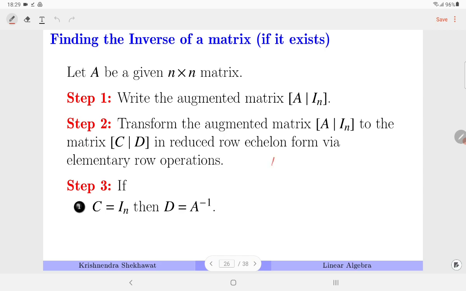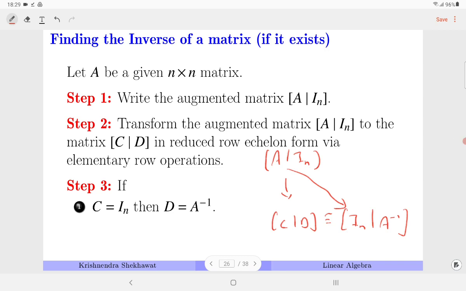So now see what happened. So A In, now what you do is you transform it into C D. And we are saying if this C is same as In, then D is A inverse. So what we have to see is that this A gets transformed into In, and when A gets transformed into In, it is the same as doing the elementary row operations such that multiplying A by A inverse.